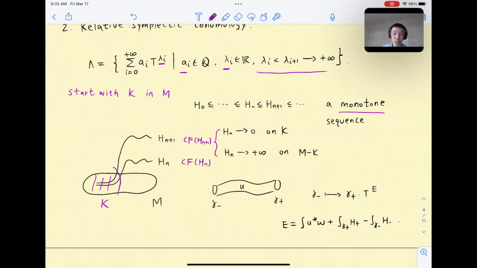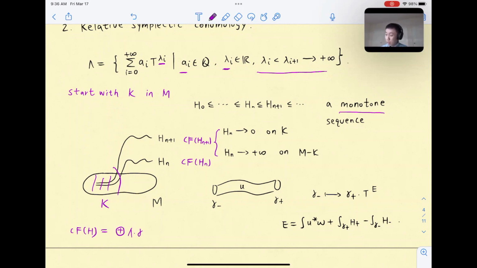Previously, the generators were capped orbits, but in this convention, those things are generated by just orbits. So CF(H) is just generated by orbits over this Lambda field, so it's Lambda times gamma, where gamma are the one-periodic orbits of those functions.